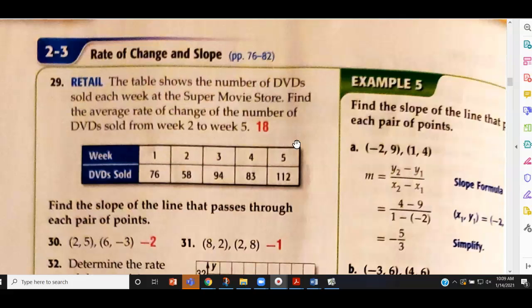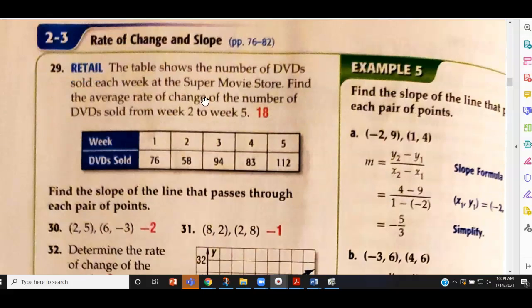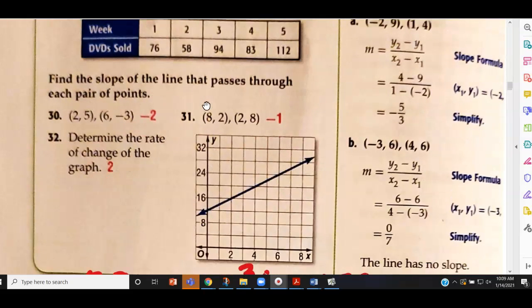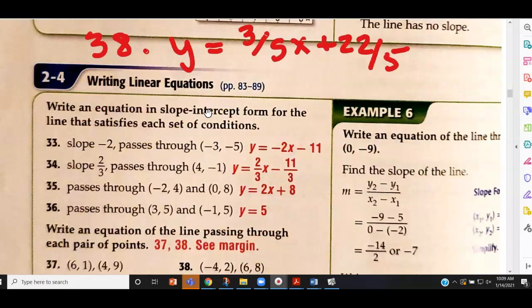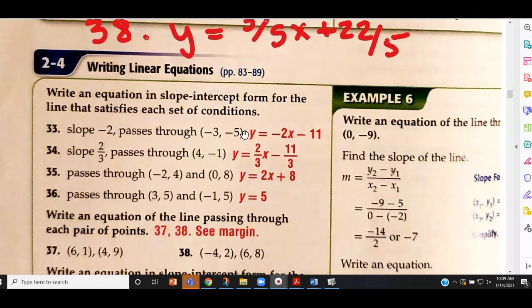And 31, your slope is negative 1. 33, you got y equals negative 2x minus 11. 35, y equals 2x plus 8.